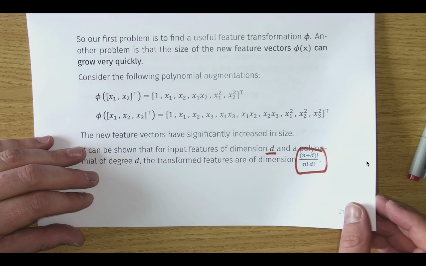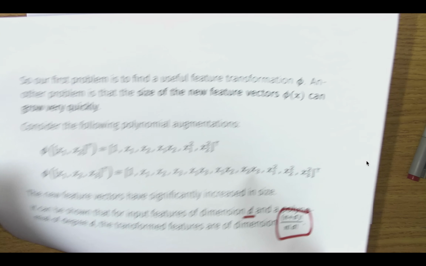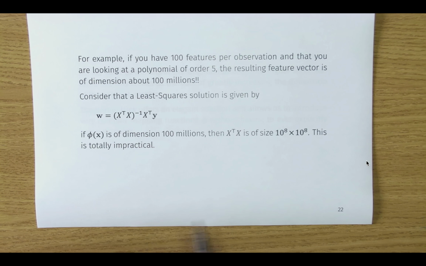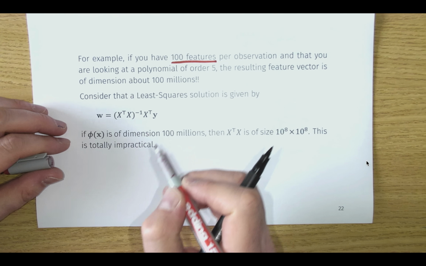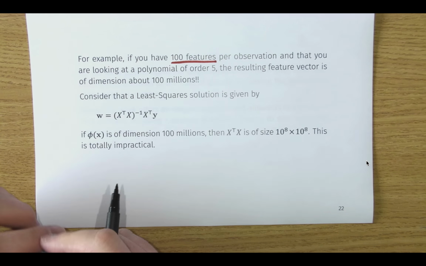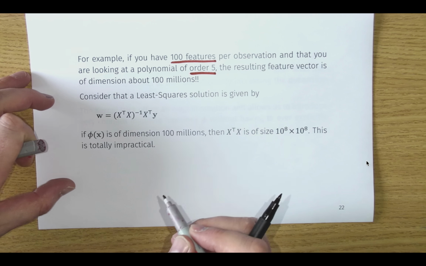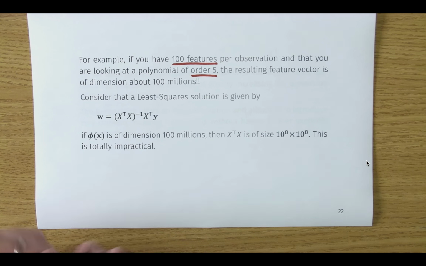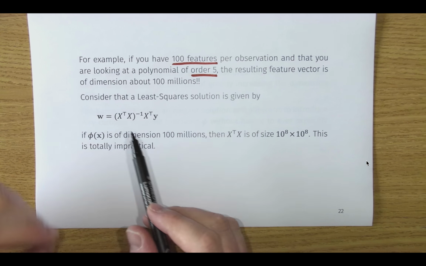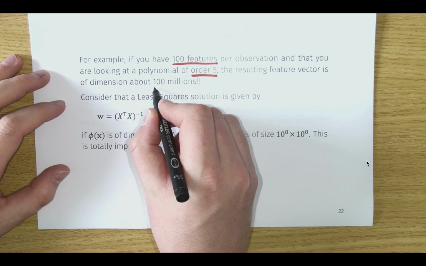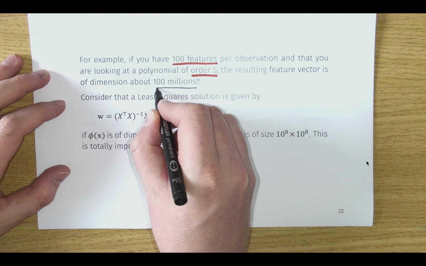To give you an example of that, let's consider the following problem. If you have 100 features, which is not by any means a big problem, and then you're looking at a polynomial of order 5, which again is nothing really massive, the resulting features that we get by looking at possible terms in your polynomials will be about just short of 100 million values.